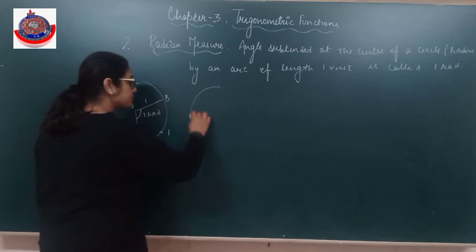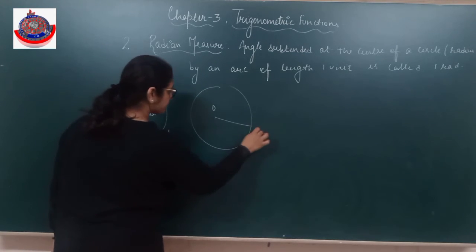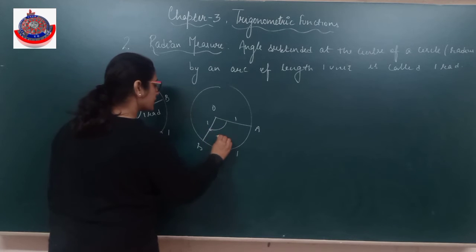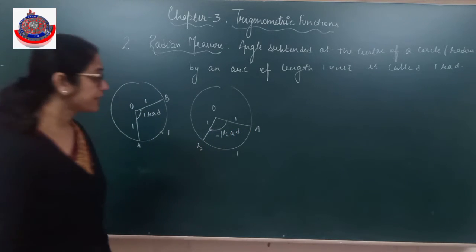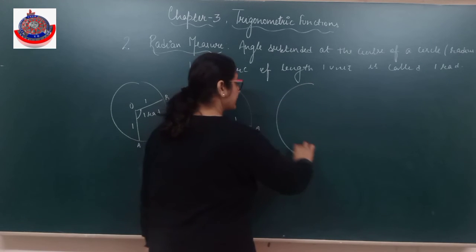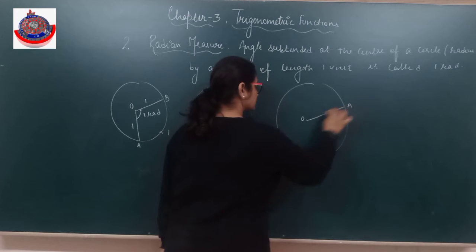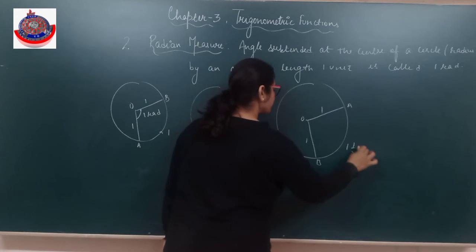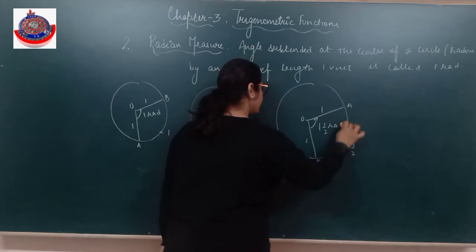Alright, and the same thing works here also. If the angle is in a clockwise direction, if the angle is this way, it will be minus 1 radian. Alright, and if this is 1.5 units, the angle subtended would be 1.5 radian.